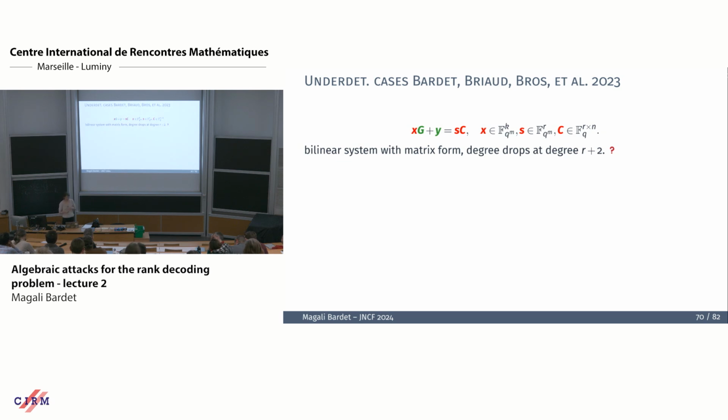What we can do now is something different. I will just present the result, but if you analyze the system, the new equations can appear if you compute the Gröbner basis of this system. At some point, you will get a degree fall.